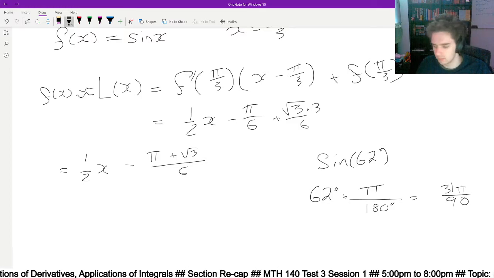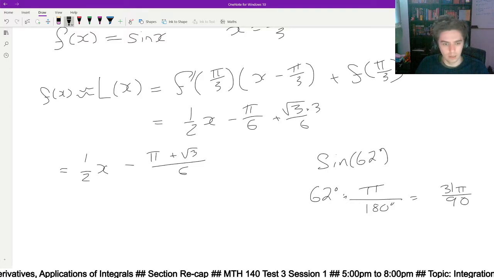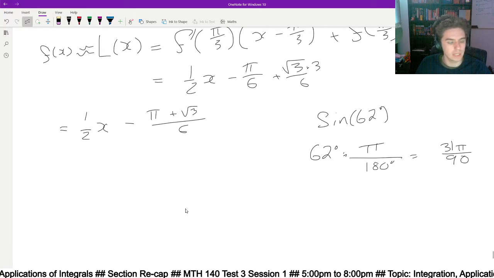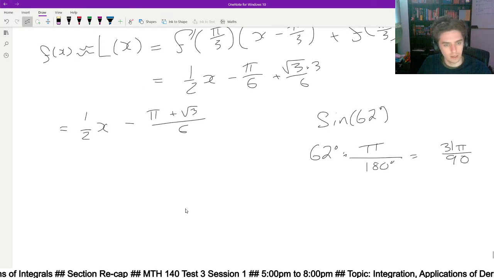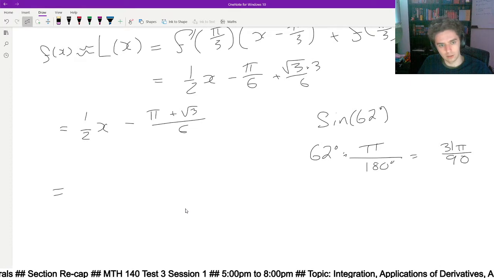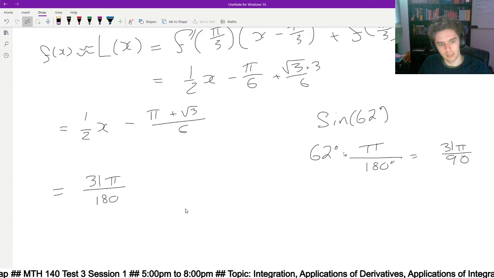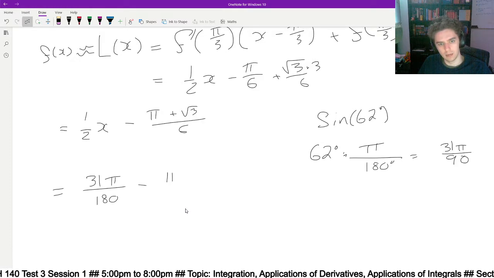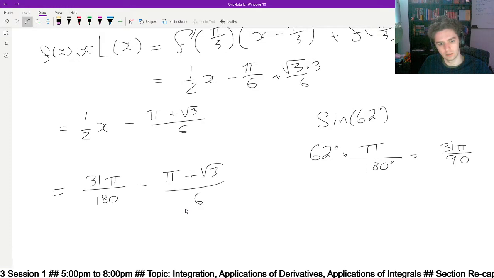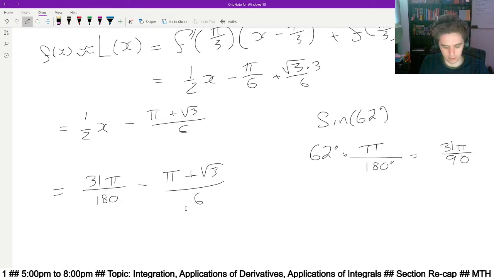Oh no, they just used that. So we just plug that into the formula, right? So we just say, well, that's 1/2, so it'll be 31 pi over 180 minus pi plus root 3 over 6. And let's see if that's the answer.